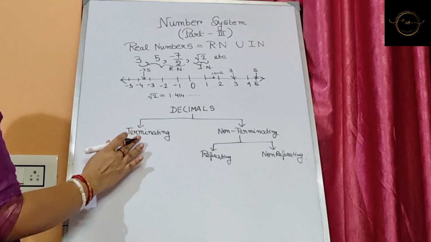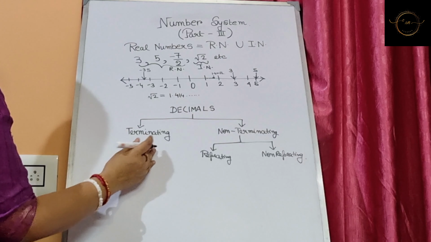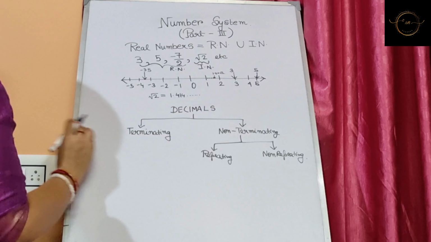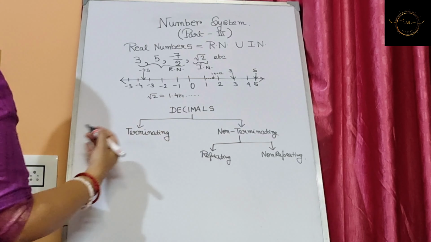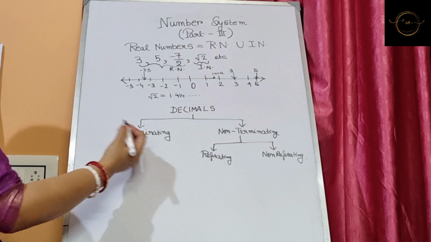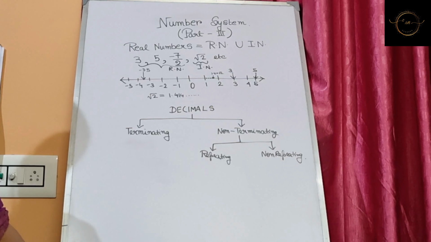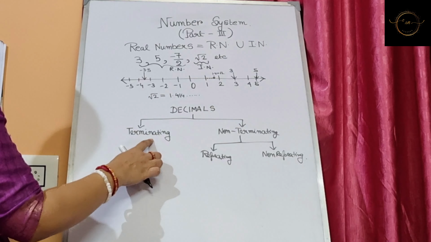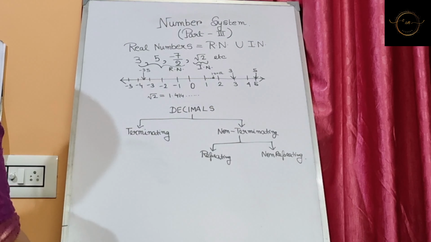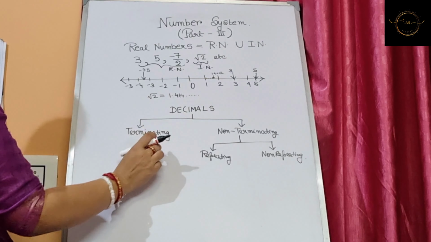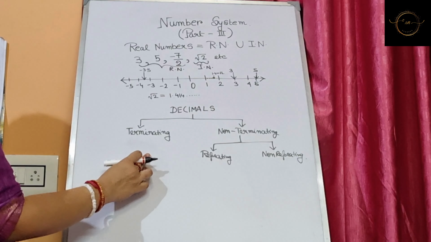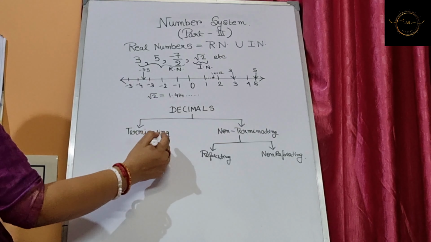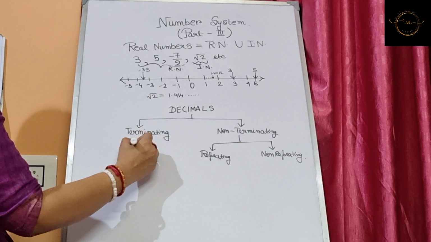Now, what are terminating decimals? Let's come to the definitions first. Terminating decimals are those numbers which end after a few places after the decimal point.